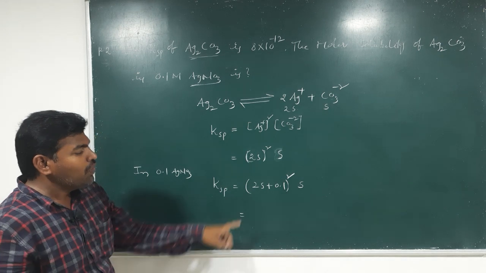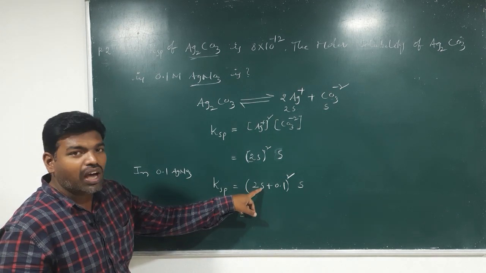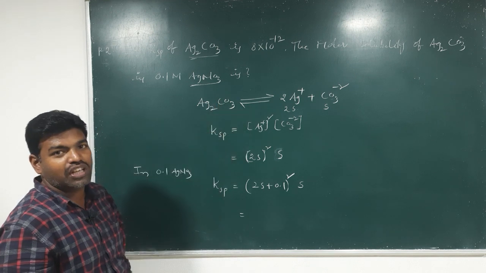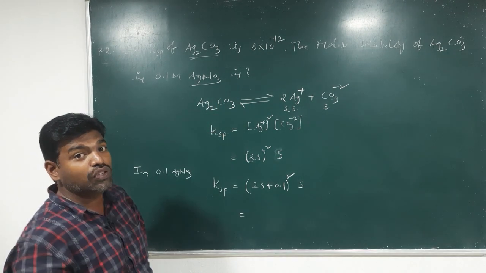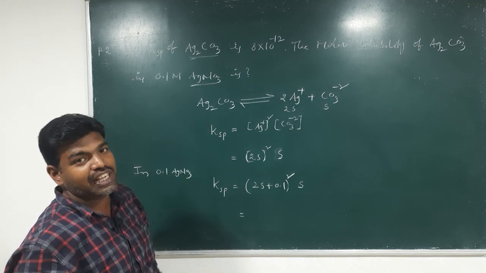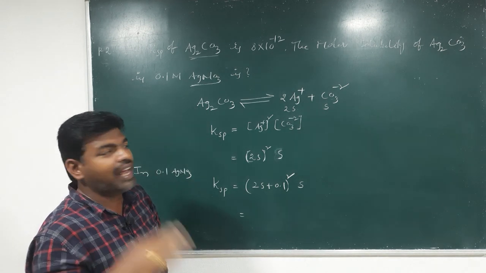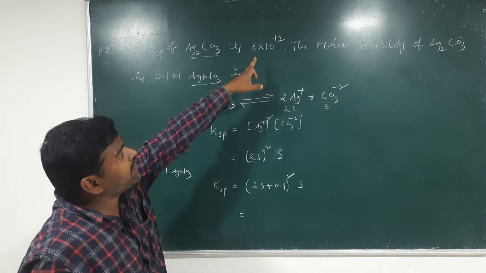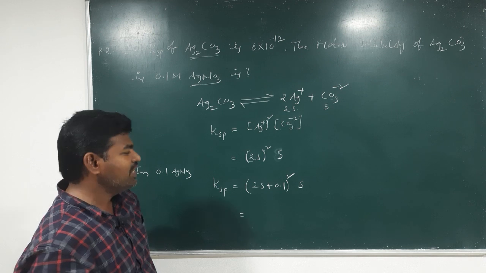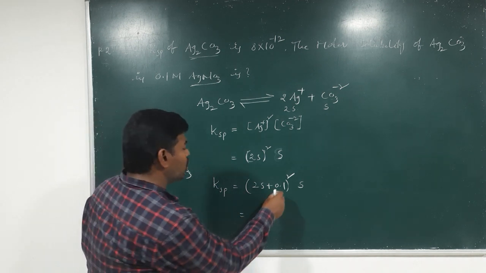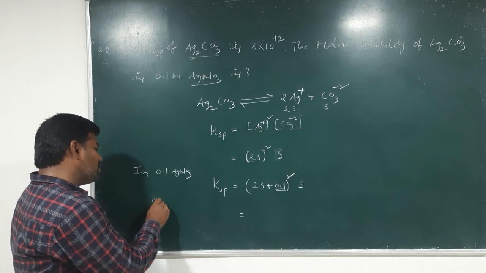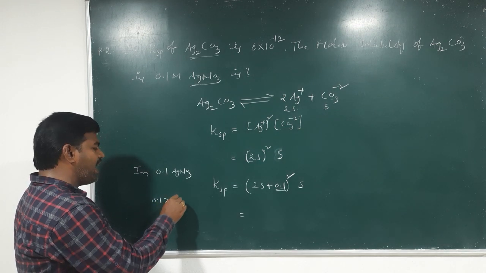So we can neglect the molar solubility of Ag2CO3 in the presence of 0.1 molar AgNO3, because of the common ion effect, and the solubility product is very small, 8 into 10 power minus 12, right? The common ion concentration 0.1 is more than 2s.